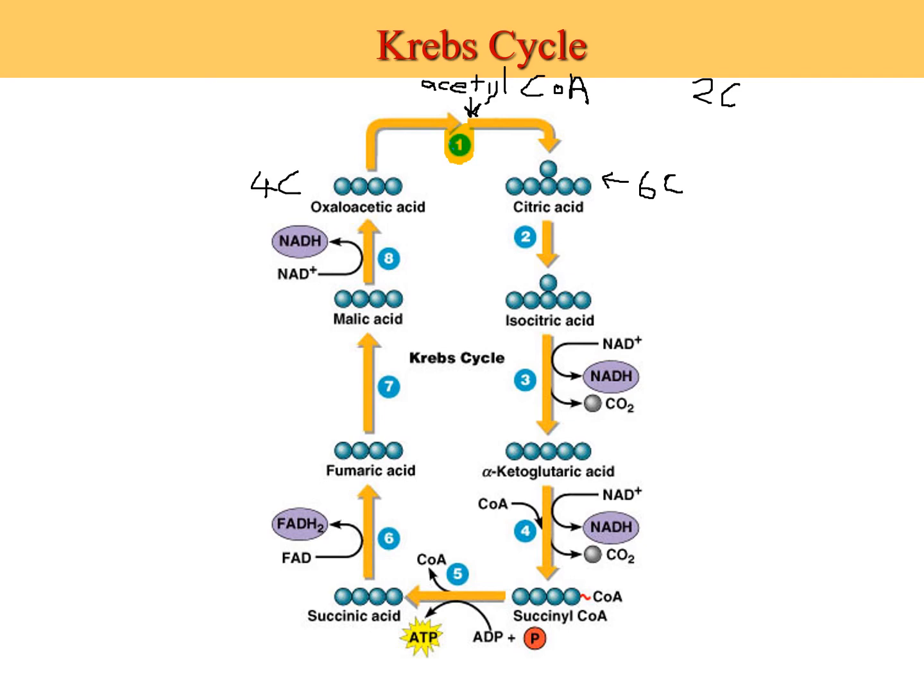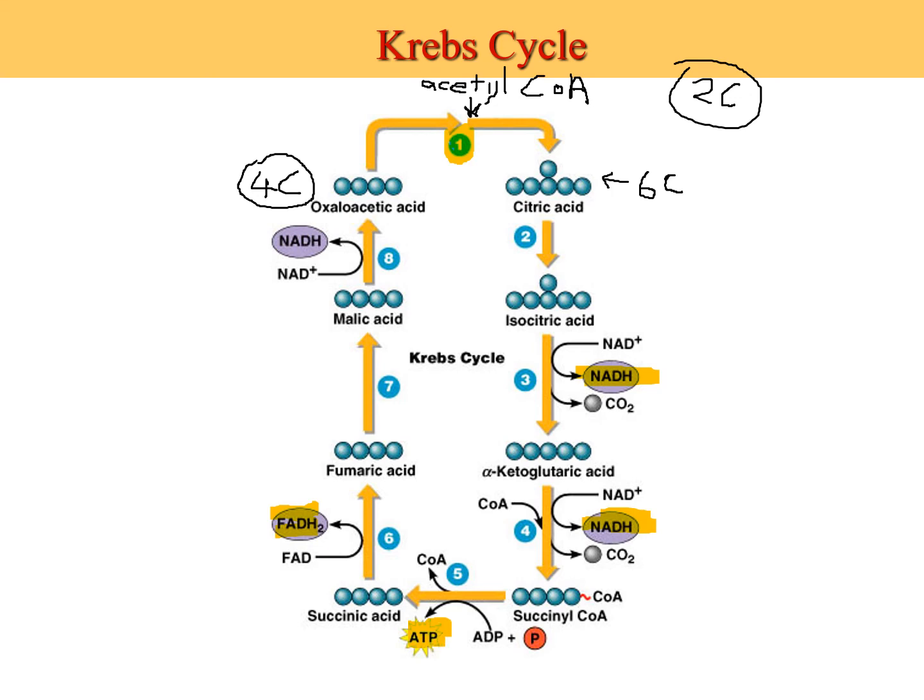So it goes into the Krebs cycle, it joins together with this 4-carbon molecule, so 2 plus 4 is 6, and it undergoes a series of enzyme catalyzed reactions, and along the way, and you don't even have to know at which step, you get production and release of NADH, FADH2, and some ATP.